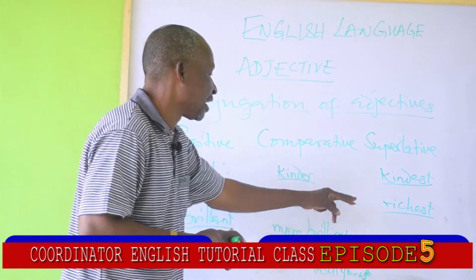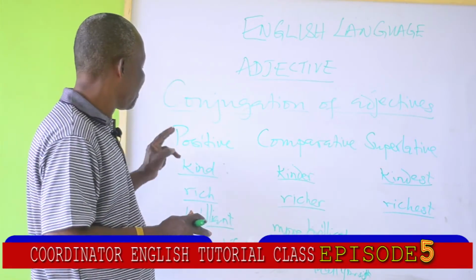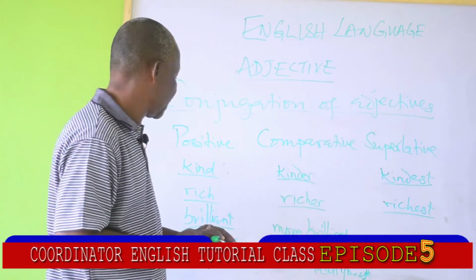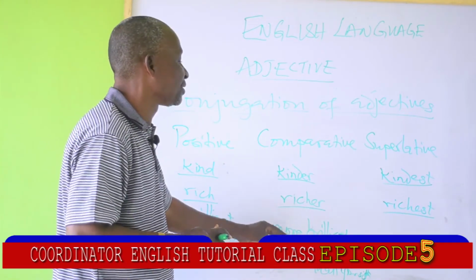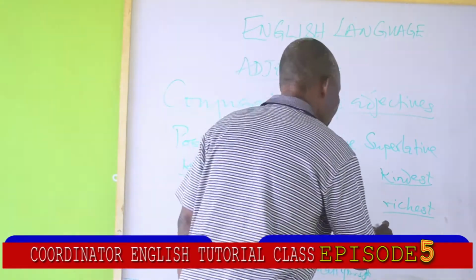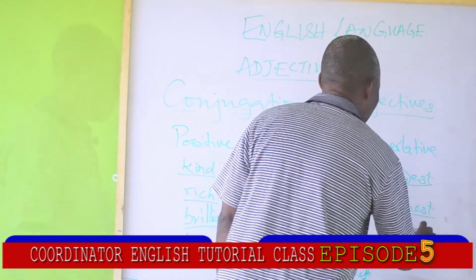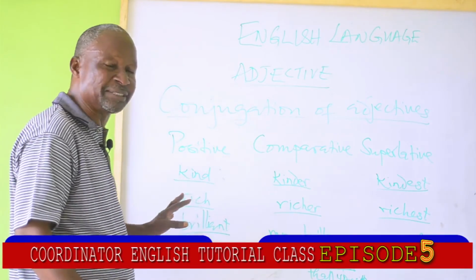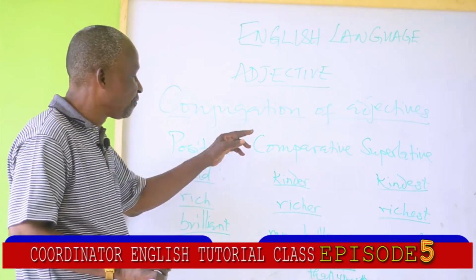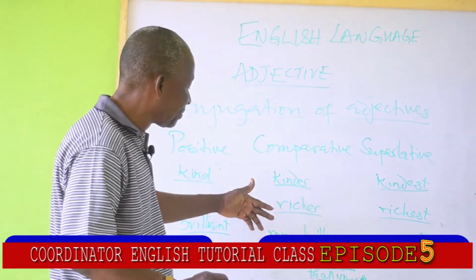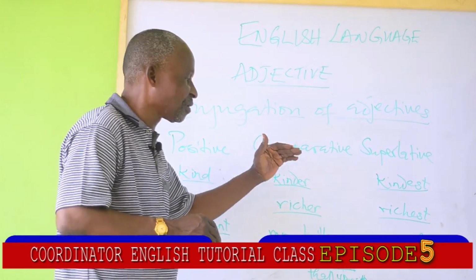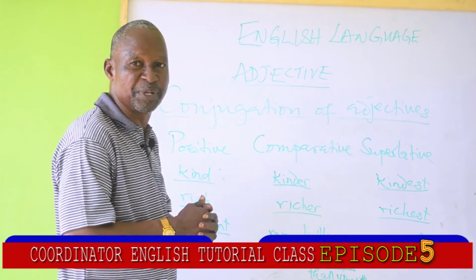Rich, richer, richest. Brilliant, more brilliant, most brilliant. The positive column, brilliant; its comparative column is more brilliant. Its superlative aspect is most brilliant.